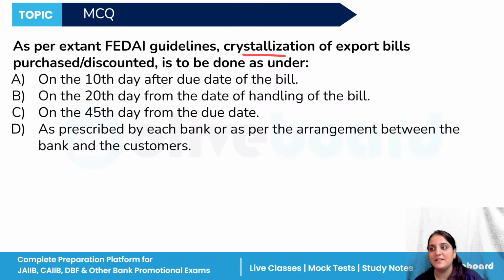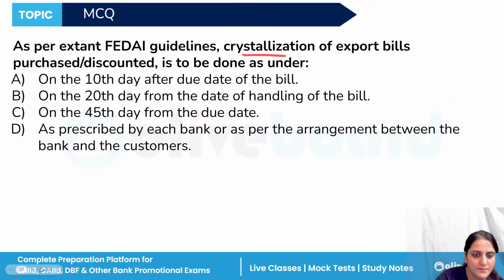This flexibility allows banks to tailor their processes according to the needs of their clients and the specifics of the transactions. So as per extant FEDAI guidelines, crystallization of export bills purchased or discounted is to be done as prescribed by each bank as per the arrangements between the banks and the customers.